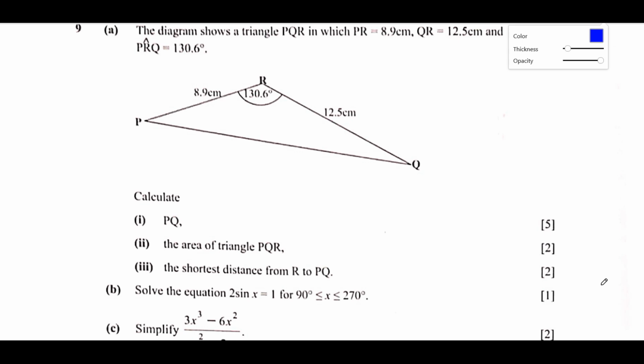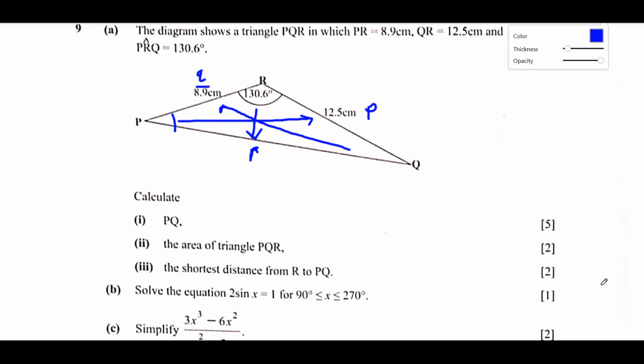So the first step that I'm going to do is label the distance with its corresponding angle. This distance PQ corresponds to angle R. So here I'm going to put small letter r, here small letter p, here small letter q.